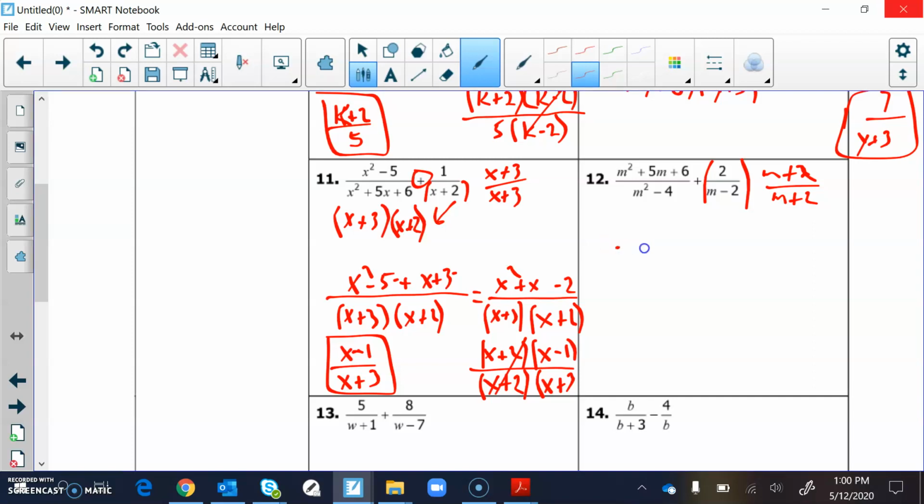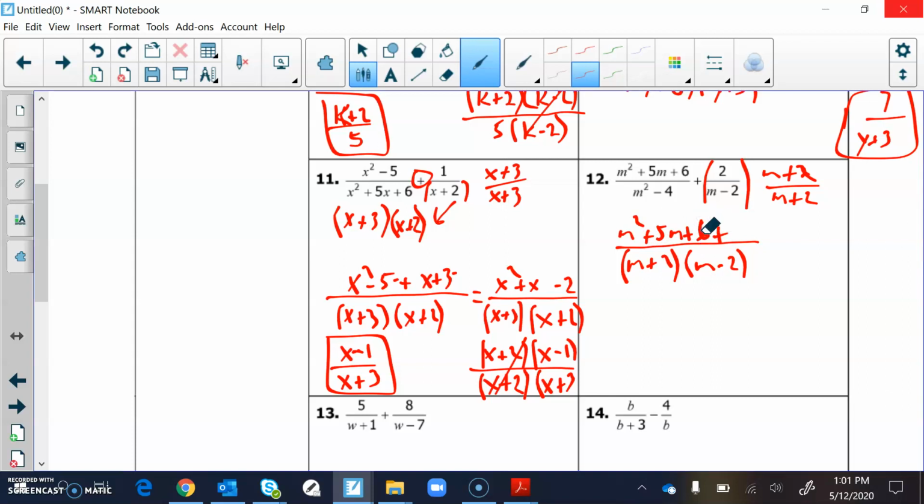I just didn't need to factor that first numerator. So m plus 2, m minus 2, m squared plus 5m plus 6. All right, we got a plus. I don't have to worry about parentheses as much.